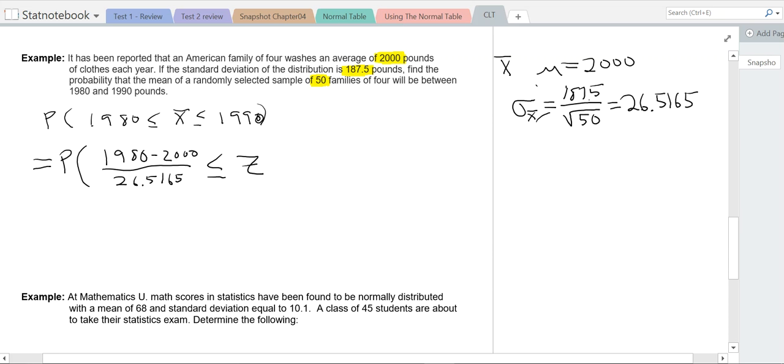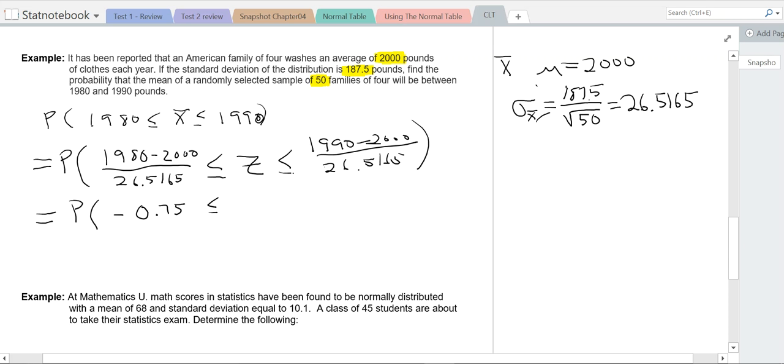We're now at the table. When you do your math, this one becomes minus 0.75. This one on the right becomes minus 0.38.